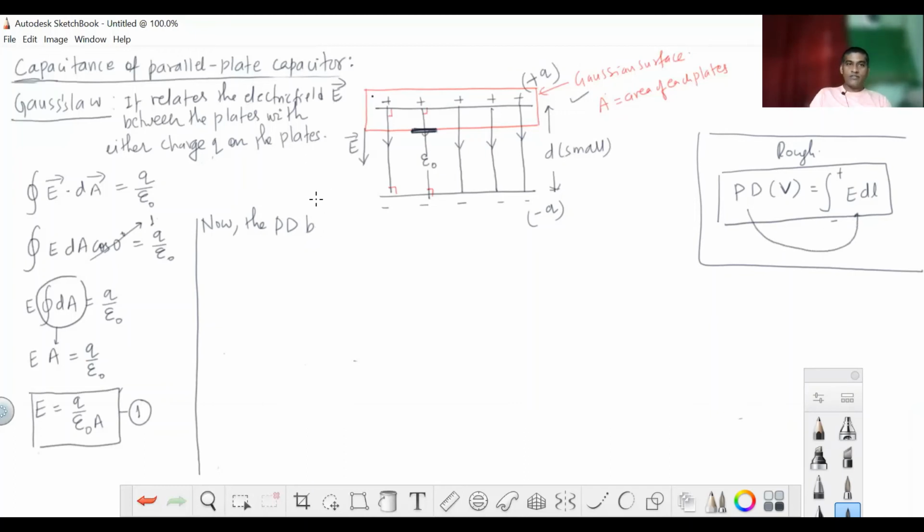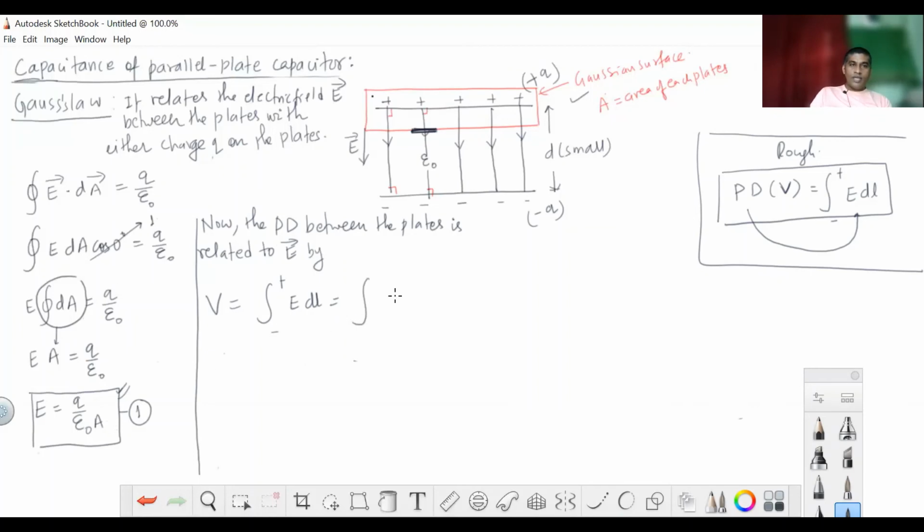The potential difference between the plates is related to the electric field by V equals the integration from the negative plate to the positive plate, E dl, and we have the electric field.